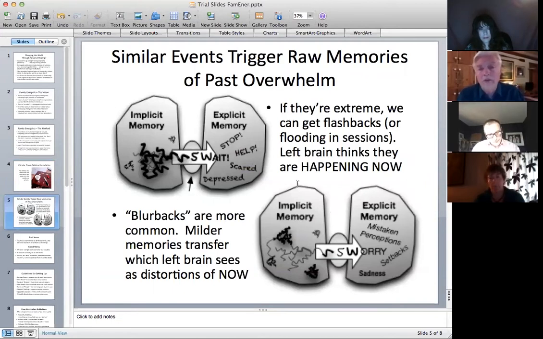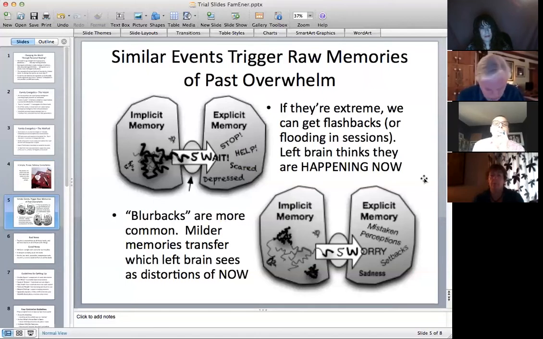You'll see I'm not going to go through this right now, but we'll go through a whole series of diagrams, little comic book diagrams like this, that give you, I think, an amazingly useful vision of what's going on in your nervous system with trauma, and it's one that you can explain to clients really easily. I'm not going to do that right now, but you're welcome to ask me about it.